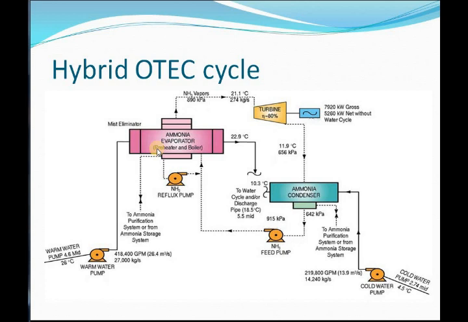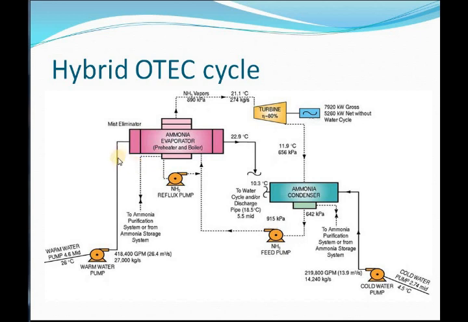Okay, so now if we see the working of this hybrid OTEC power plant, you are using both the open cycle and the closed cycle system. The warm seawater is pumped and enters the vacuum chamber, where it is flash evaporated. The warm seawater is converting into steam, similar to the open cycle.